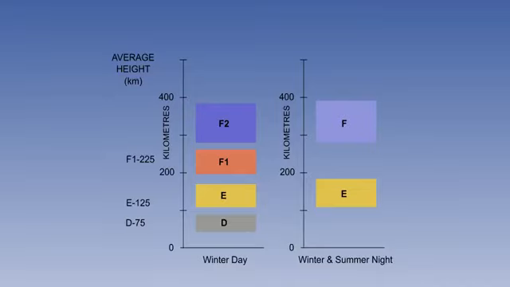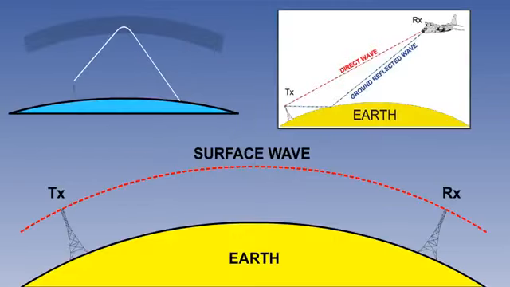At night, layer D disappears, layer E almost disappears, and layers F1 and F2 combine. Different radio bands have different transmission characteristics. Long and medium waves are ground waves, but they can transmit further at night as sky waves. High-frequency waves are sky waves, and they are refracted by the ionosphere. And VHF and higher frequency waves are transmitted by line of sight.